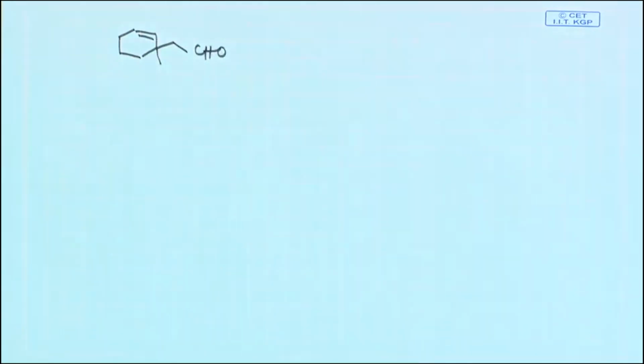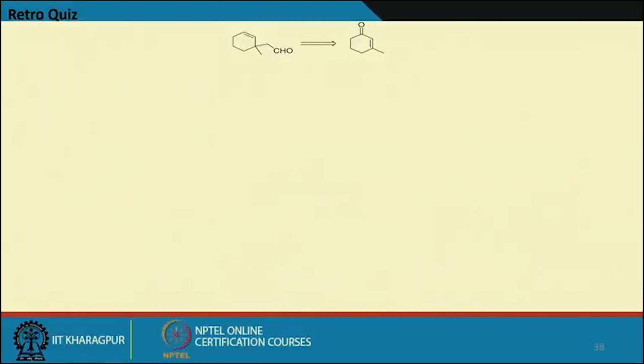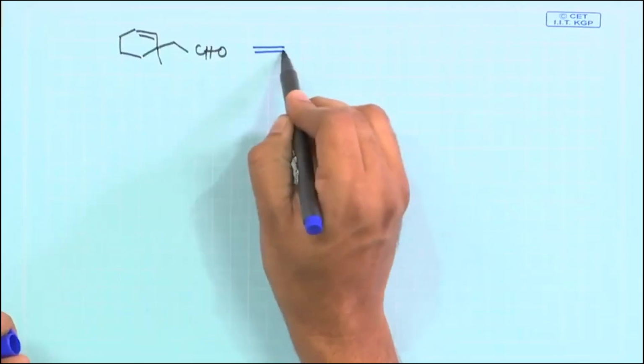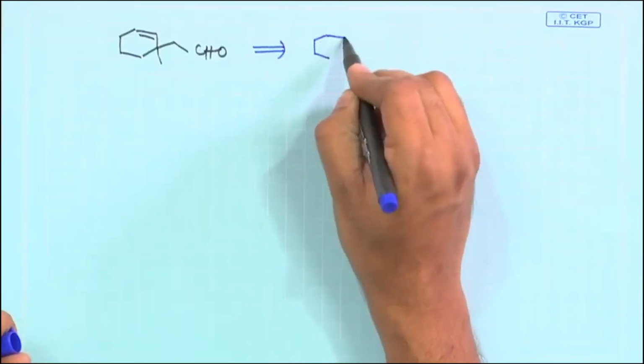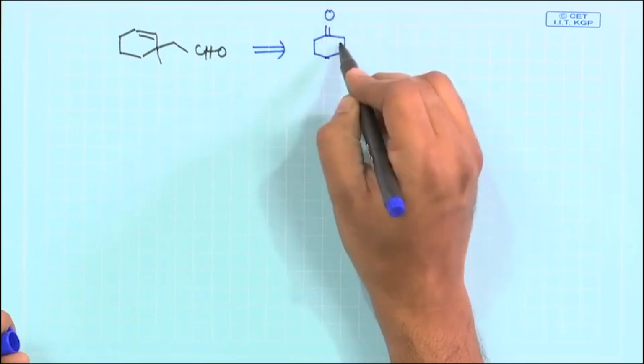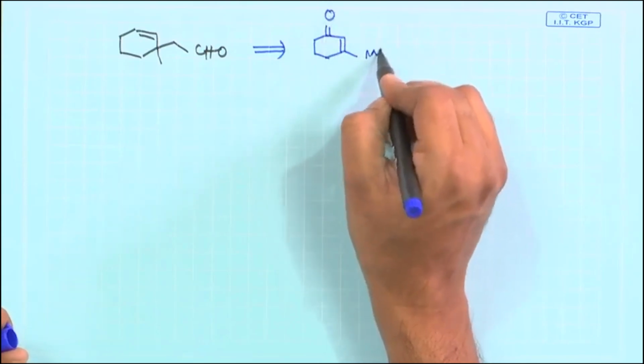We have taken a cyclohexene based compound, and the starting material given to you is a cyclohexenone, 3-methyl cyclohexenone.